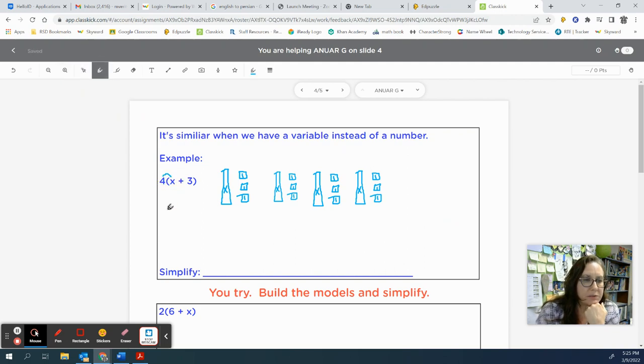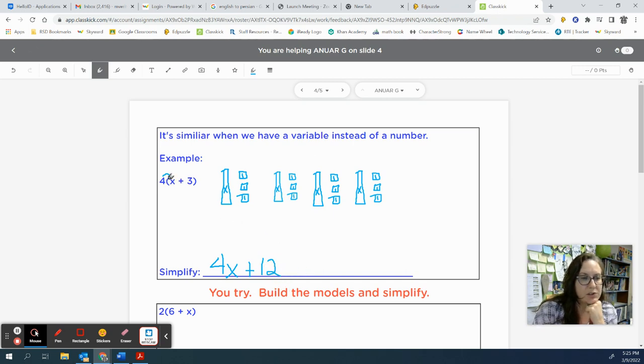This becomes, well, we can simplify it 2 ways. How many x's do we have now? We have 4 x's. And how many little bitty ones do we have? 1, 2, 3, 4, 5, 6, 7, 8, 9, 10, 11, 12. So we're combining like terms, and we have 4 x's and 12 little bitty ones.